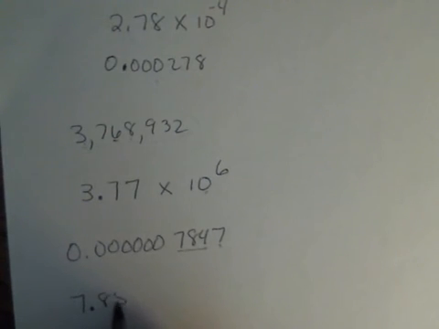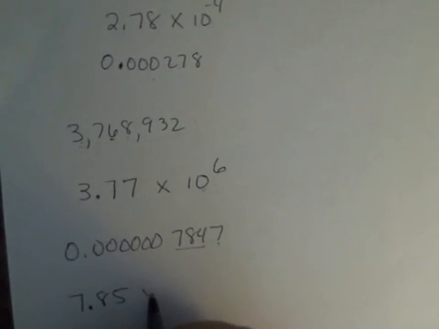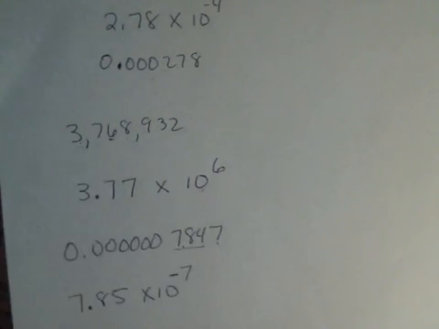But for scientific notation, this number here has got to be between 1 and 10. So it's 7.85 times 10. Then I'm just going to count from where I put my decimal point. 1, 2, 3, 4, 5, 6, 7 to the negative 7.